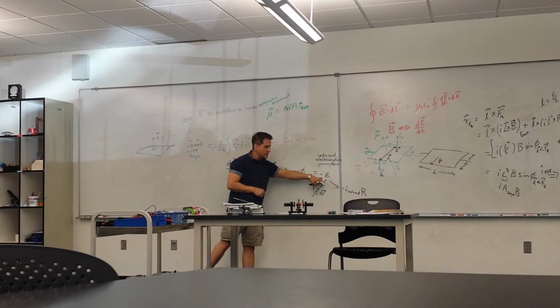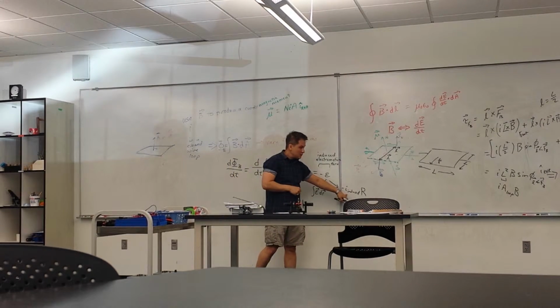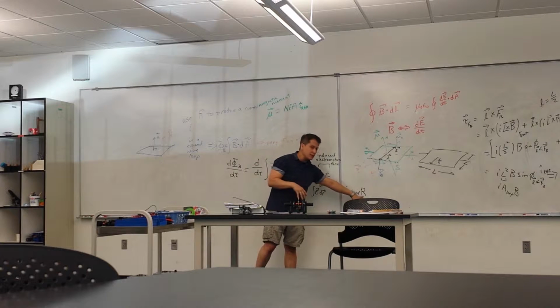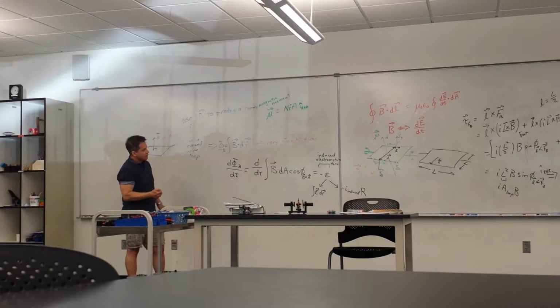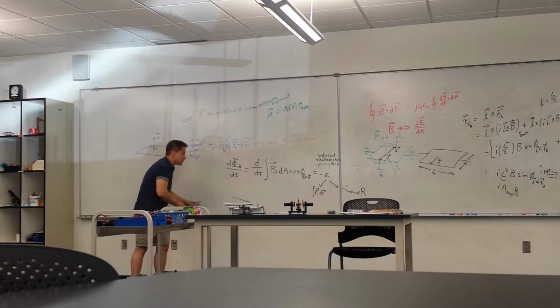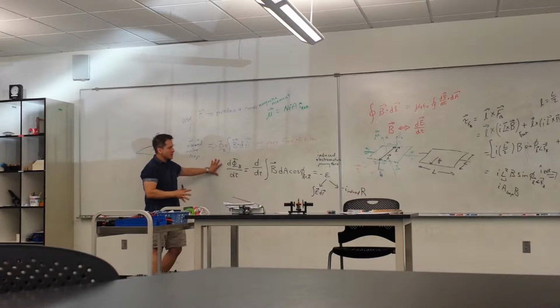You generate an electrical potential which has an associated induced current. Of course, that current is regulated by the amount of resistance in the path. So that's essentially what we're going to look at today, and that's our experiment.